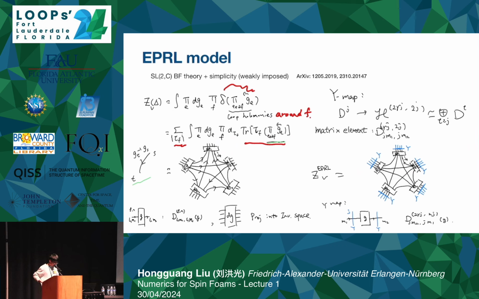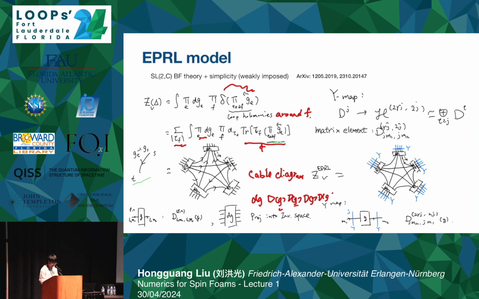And then we can decompose this trace into the following diagram. Usually we call it the keyboard diagram. Why is this the keyboard diagram? Because we can rewrite this integration of the trace into an integration of the representation matrices with the same D, with the same g.